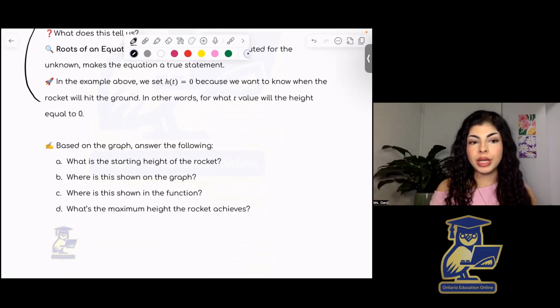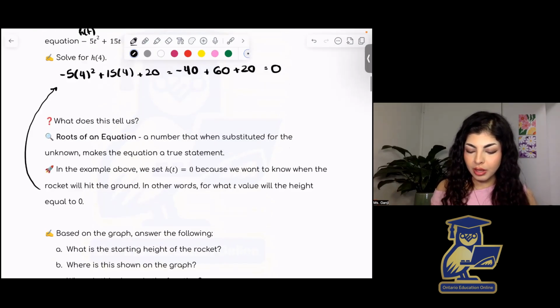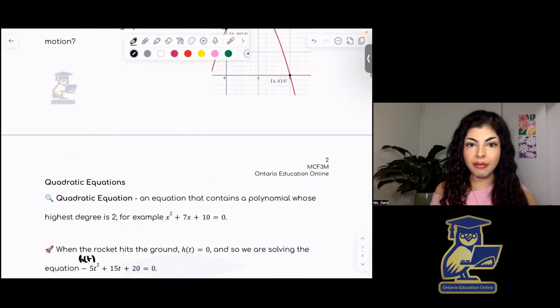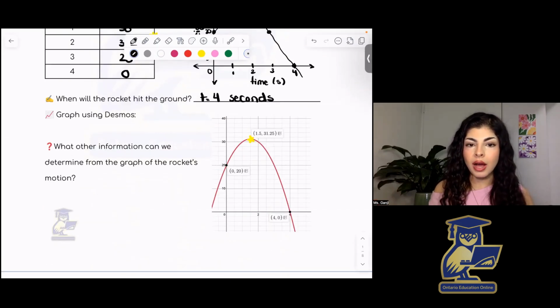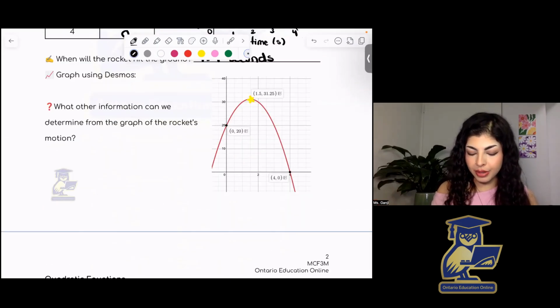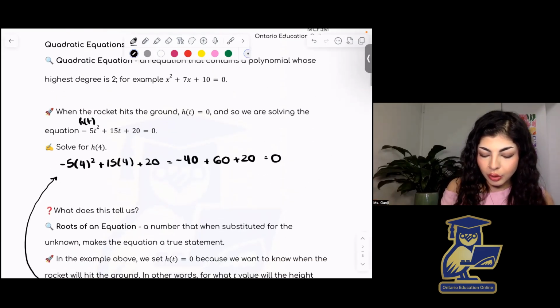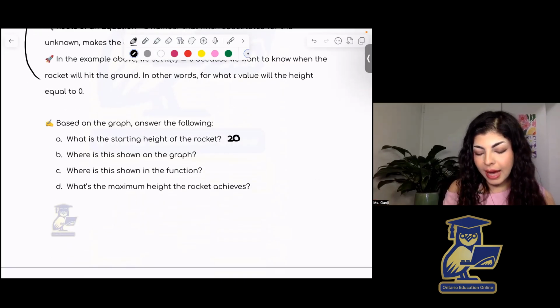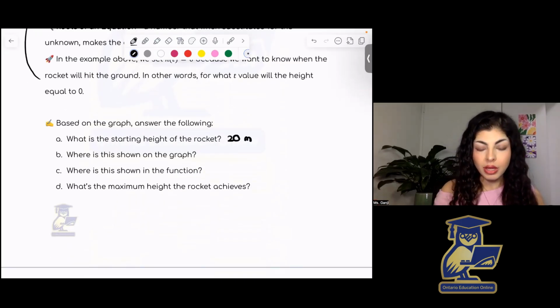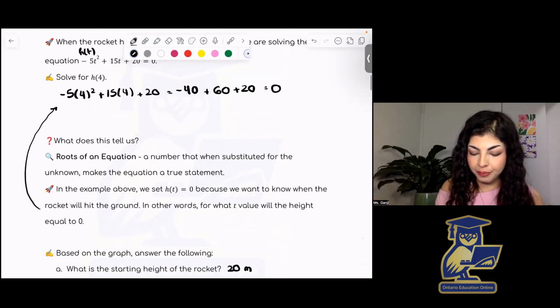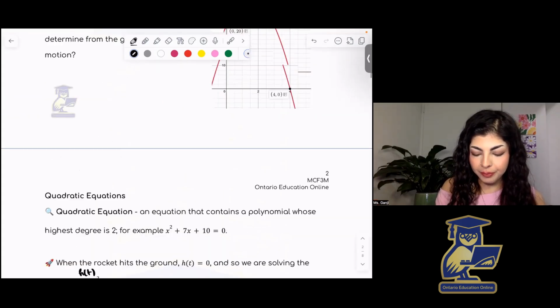So our first question here is, what is the starting height of the rocket? So you should have your graph side by side. So just take a look at it here, and then we're going to answer here. So the starting height was 20 meters, and that was when time was 0. So this was shown on the graph precisely over here.